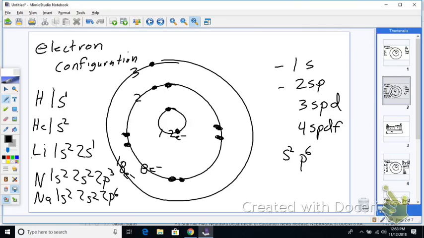Okay? And then we'll go to the third level. And what starts the third level? S. 3s1. So then, if we add these together, 2, 4, 6, 10, and 11.